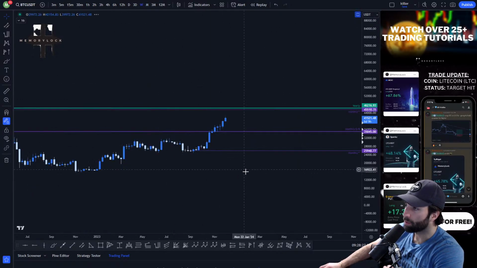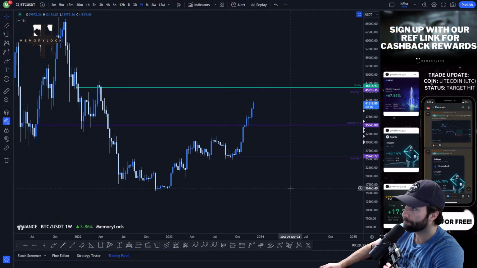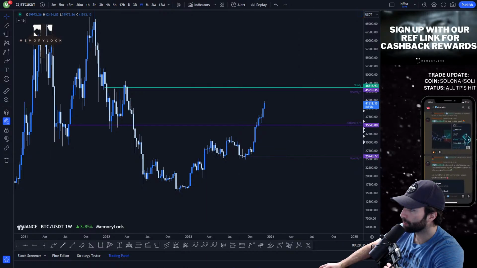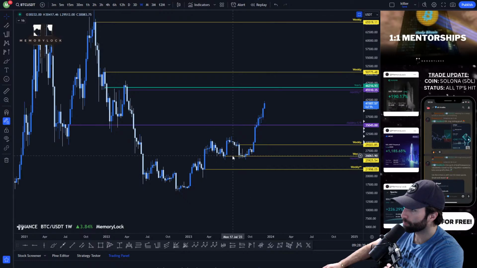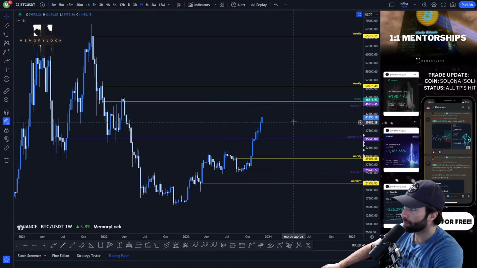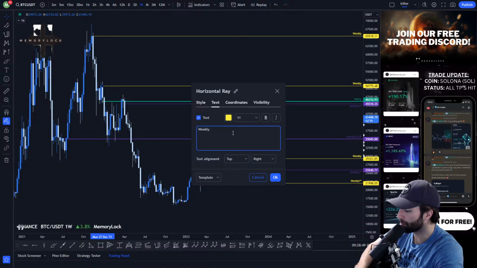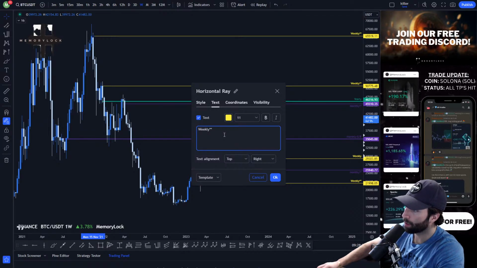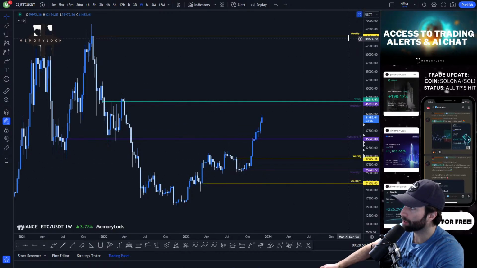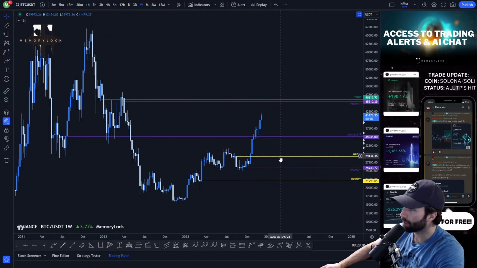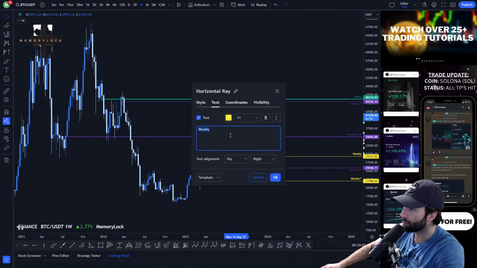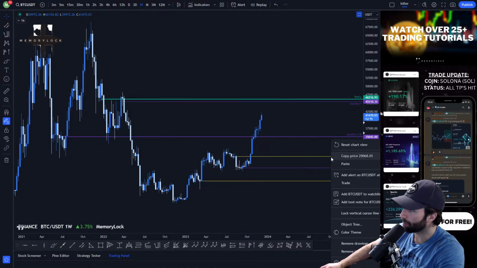Let's go down to our weekly levels. Remove that weekly. We don't need it anymore. We have an untapped weekly level up here. I don't really think we're going to visit that one, so I'm going to hide these. This is an SR weekly, but I don't think we need it.